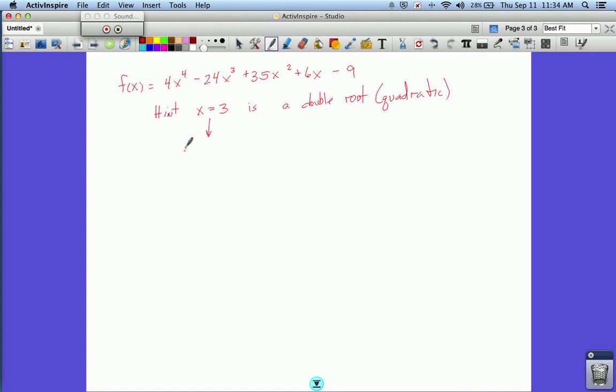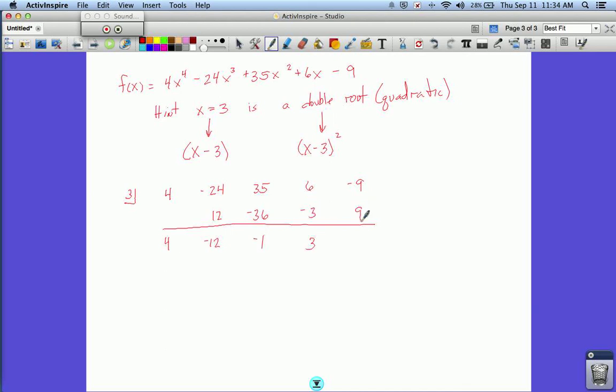This means it came from a factor of x minus 3, and this means it came from (x minus 3) squared. Okay, double root. So I can do synthetic division with 3, and I can do it twice. So there's quartic, here's my cubic, here's my quadratic, here's my linear, and here's my constant. Bring down the 4, multiply, add, multiply, add, multiply, add, multiply, add.